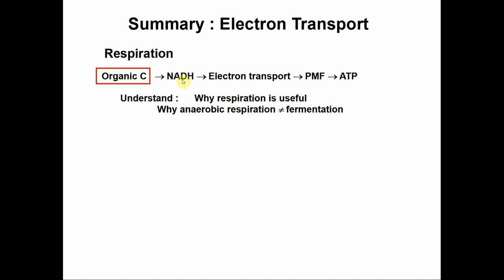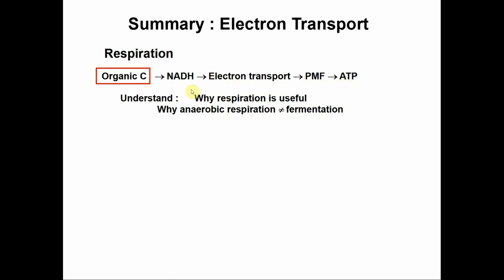NADH then gives up electrons to an electron transport chain, which finally transfers the electrons onto oxygen or another good electron acceptor. During electron transport, bacteria generate a proton motive force across the plasma membrane, and the proton motive force is then used to generate ATP.